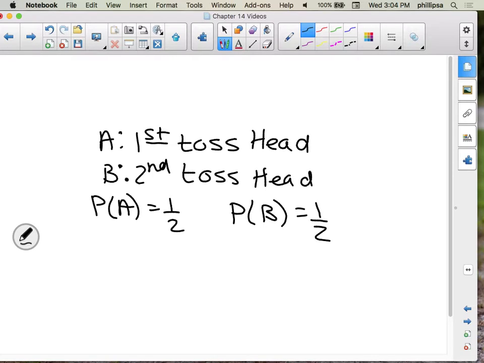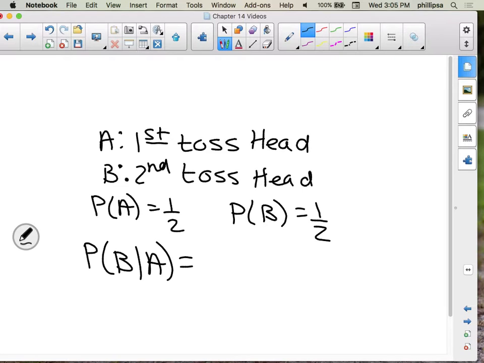Okay. So what if I asked you for the probability of B given that A actually already happened? In other words, I flipped a head on the first toss. What's the likeliness then of flipping a head the second time? Well, we know that the one wouldn't affect the other.